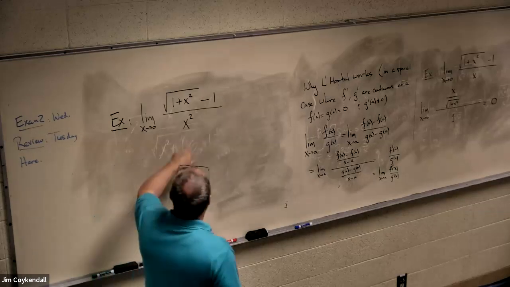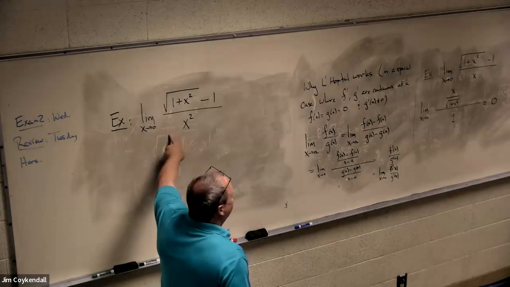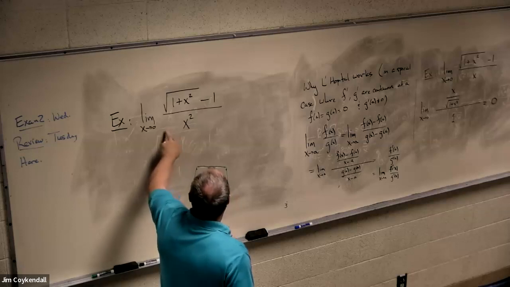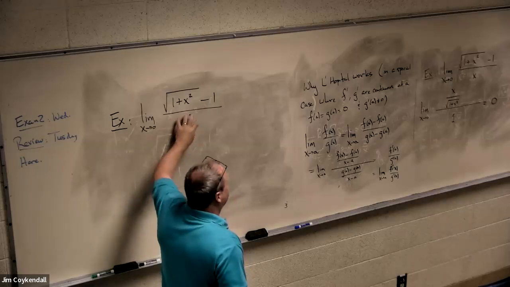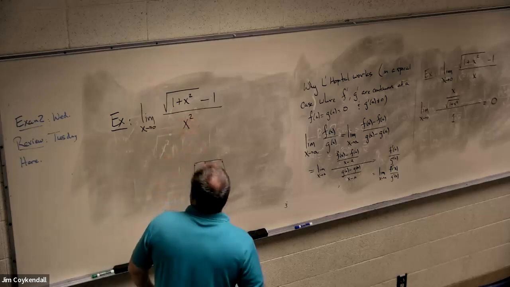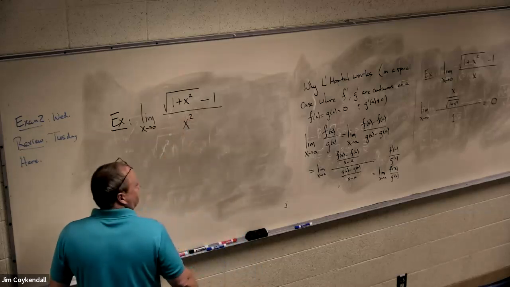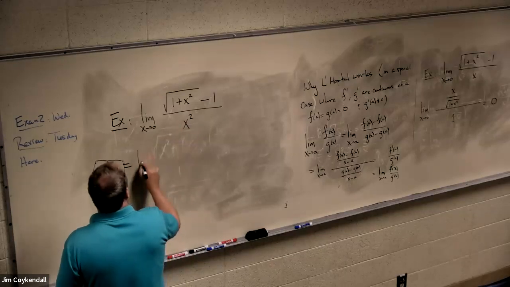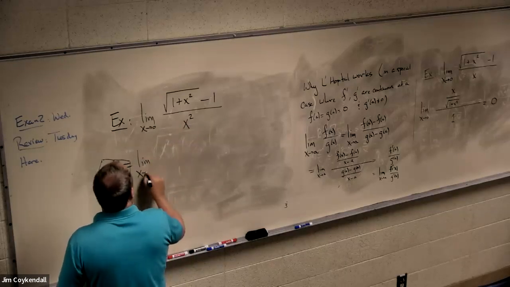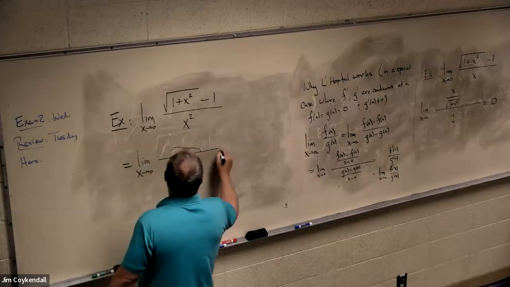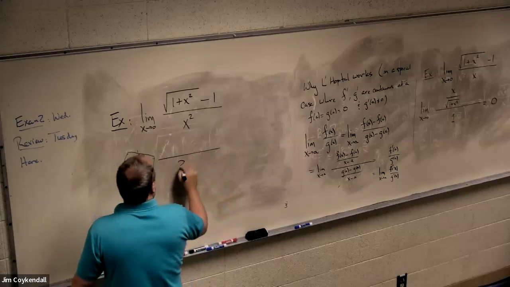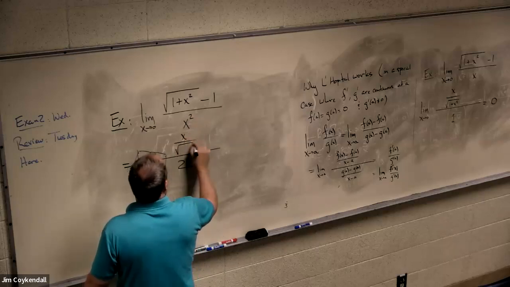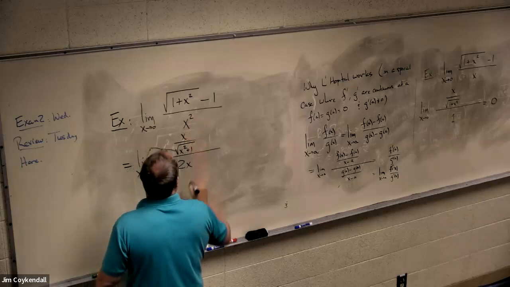What happens now? Now just keep at the bottom. So in other words, this one is now going to 0 a little bit faster. Again, I get 0 over 0. Find the derivative. This is going to be 2x. And this is going to be x over the square root of x squared plus 1.